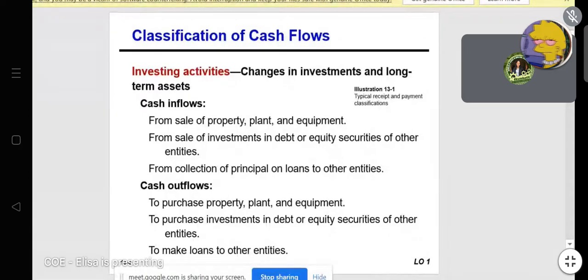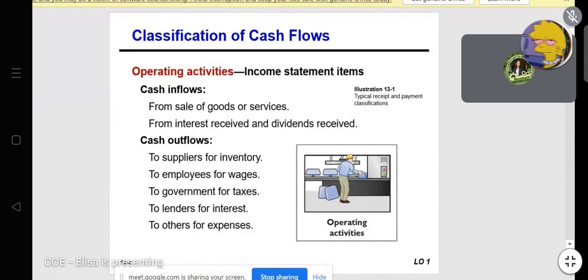So that will increase your revenue. That's why the interest and dividends you receive, once ma-receive na nimo, or once it is due, will form part sa imong operating activities.